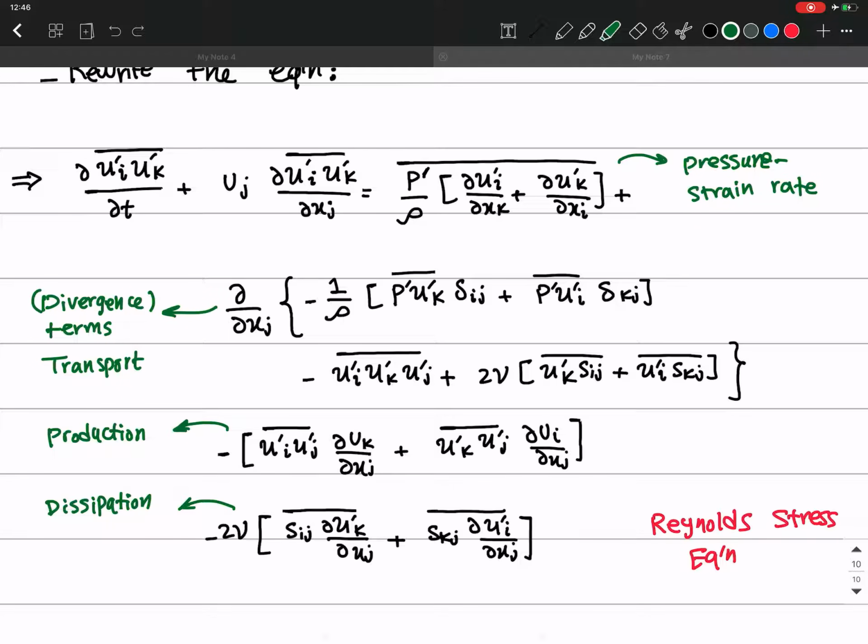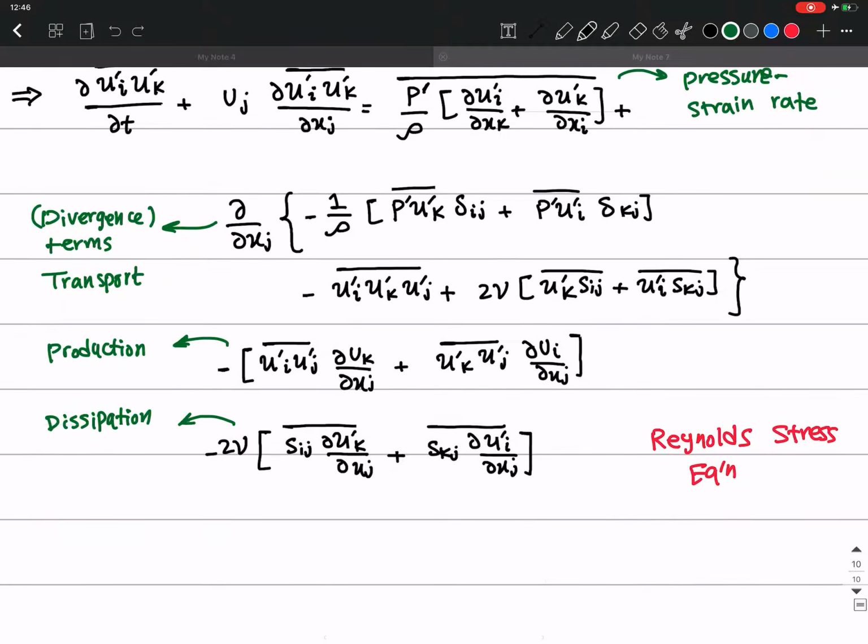These are all different covariance and fluctuating terms multiplied by each other, and we have no clue what they represent in the flow.